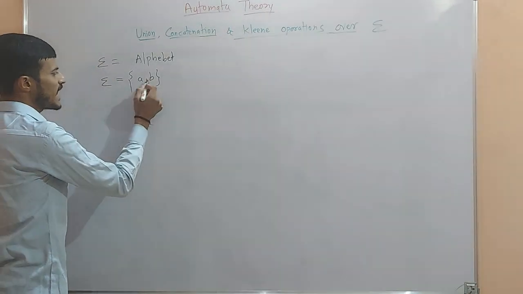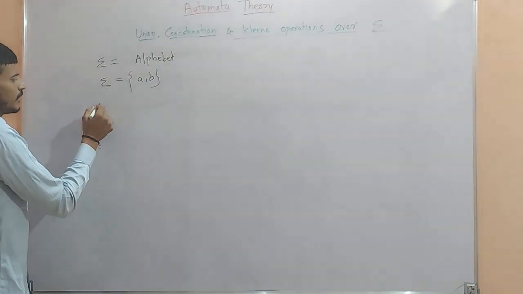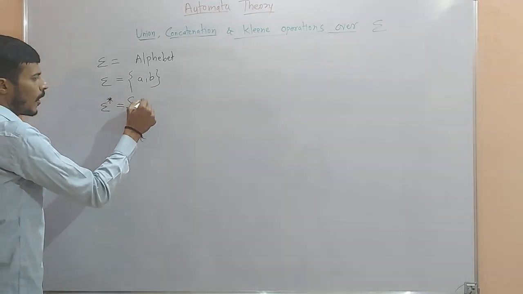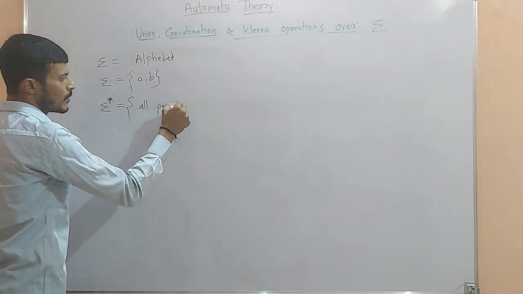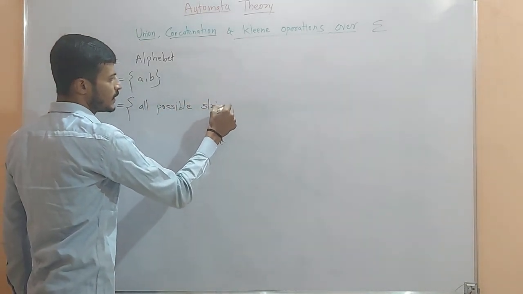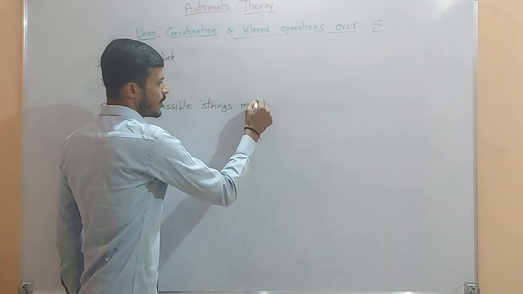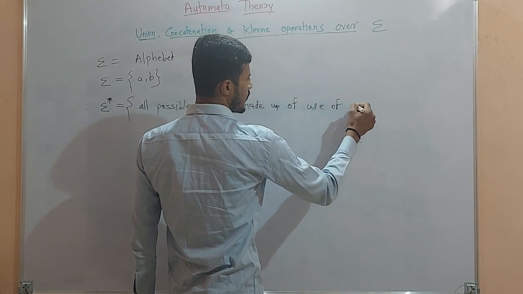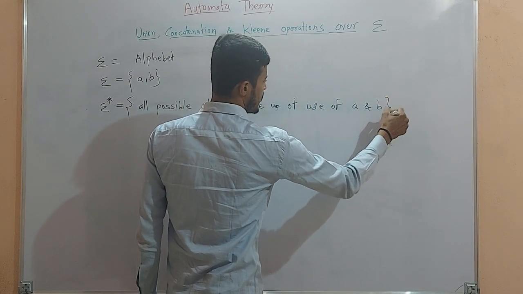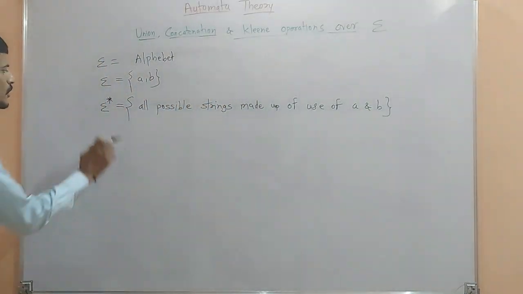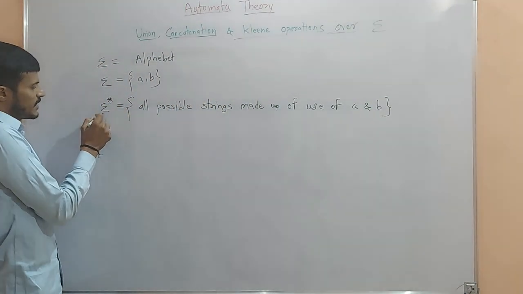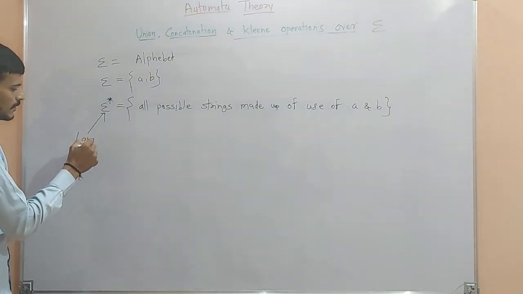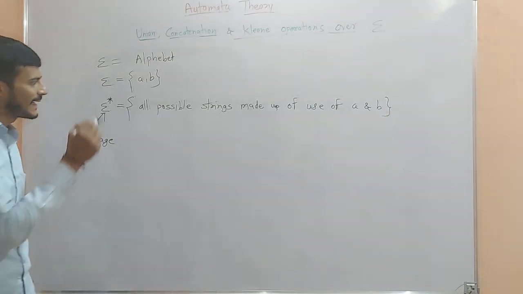So by using this A and B, I can go for a language, sigma star, which contains all possible strings made up of A and B. Sigma star is nothing but a language, and that language is what?